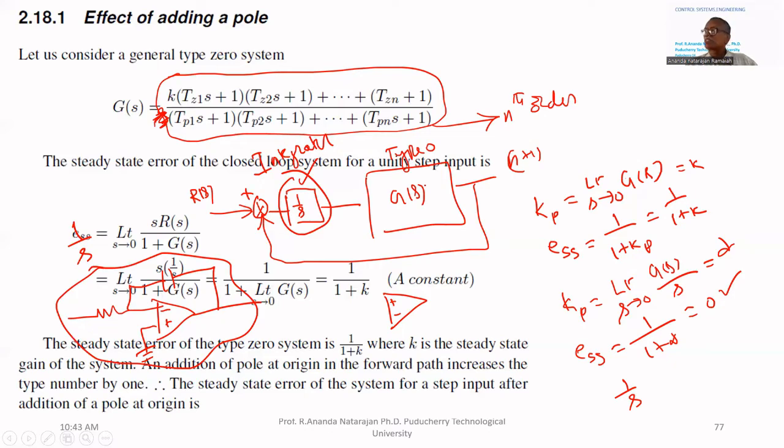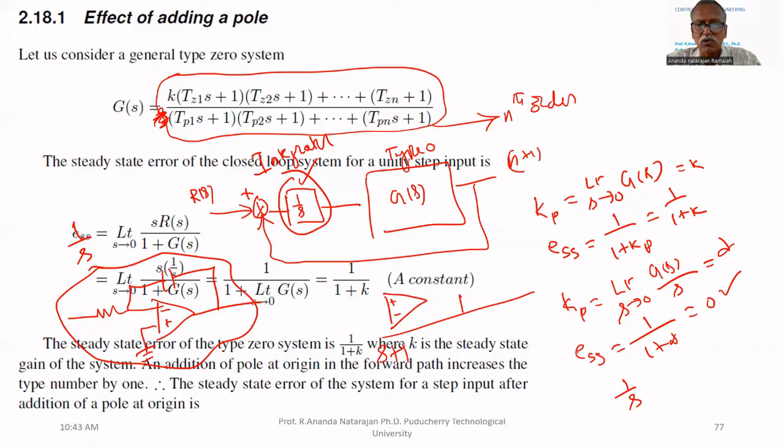If it is a type 0 system and you add one S at origin, steady state error is removed. But suppose you add one more pole to that system. What will happen?